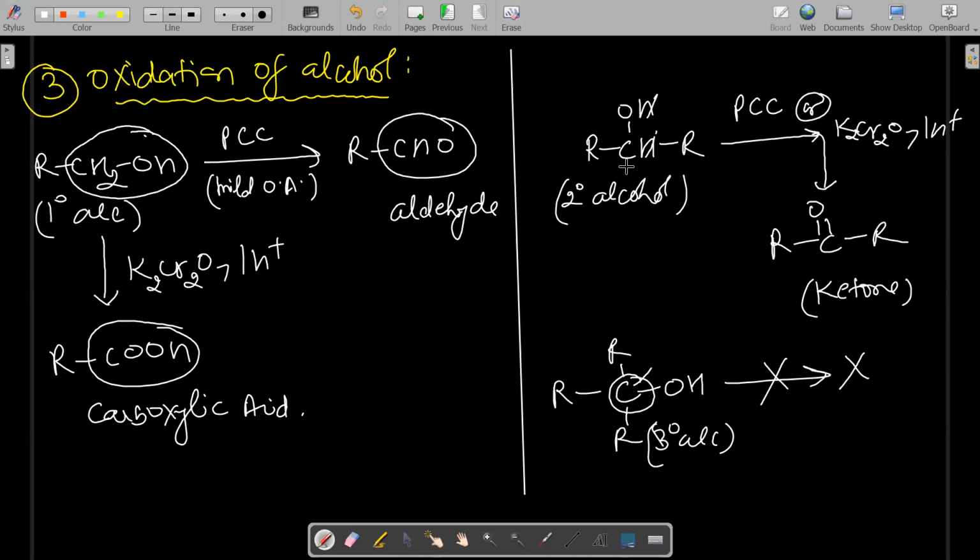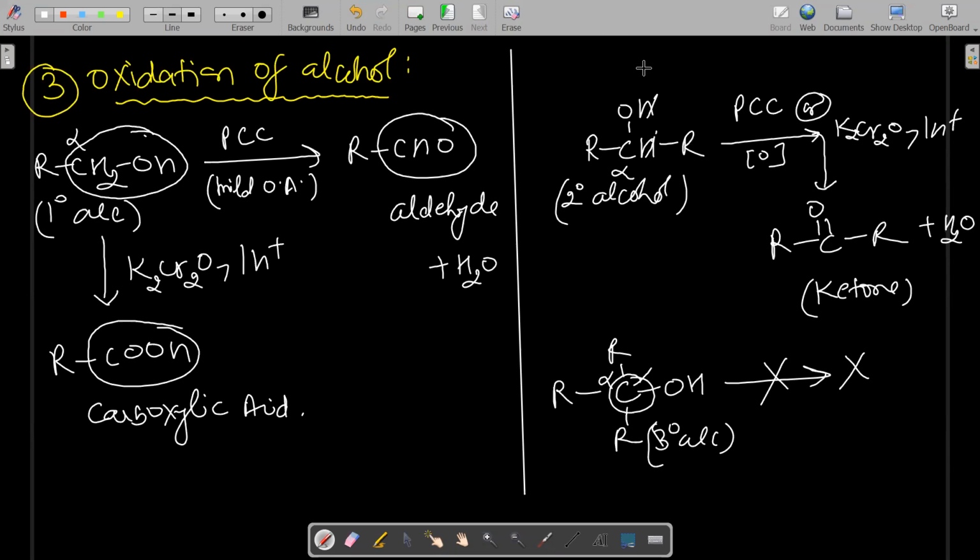This carbon is alpha carbon. All of you know, the functional group carbon is called what? Alpha carbon. Okay. In all cases, what byproduct are we getting? Water. Like here, H and H are lost. Oxidizing agent means nascent oxygen. So 2 hydrogen and 1 oxygen combine to form what? Water.